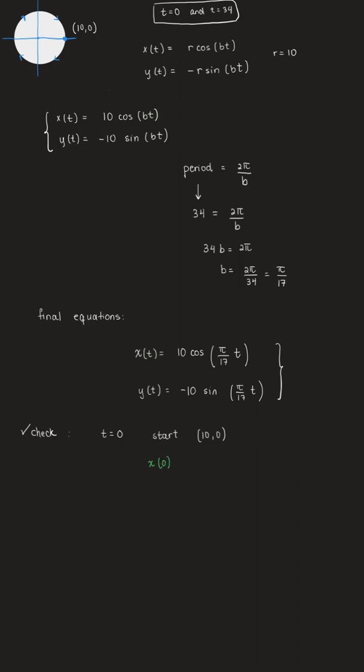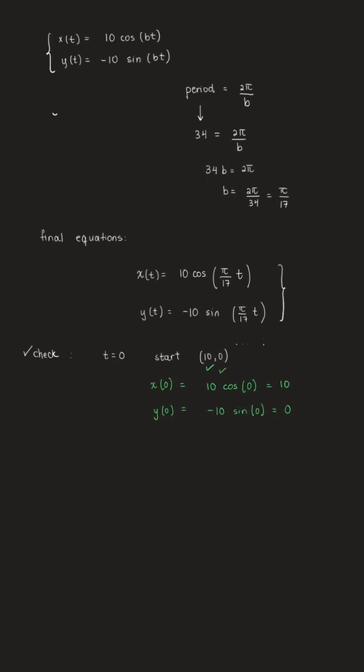My first equation will tell me that we have 10 cosine of pi over 17 times 0, which is 0. Cosine of 0 is 1, so that gives me 10. We're in good shape because we want the x-coordinate to be 10. Let's find what we get for y of 0. Y of 0 is going to give us negative 10 sine of 0, because pi over 17 times 0 is 0. Sine of 0 is 0, so sure enough, that's (10, 0), and that works.